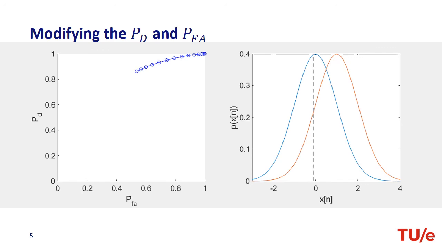Well, to modify this curve, you have to modify the hypothesis, such as the variance of the noise or the voltage level of the DC signal in our example. So, this modest curve explains what kind of trade-off you have to make between the probability of detection and probability of false alarm, given the distributions for the hypothesis. Let's see what happens when we modify the hypothesis in the next slide.